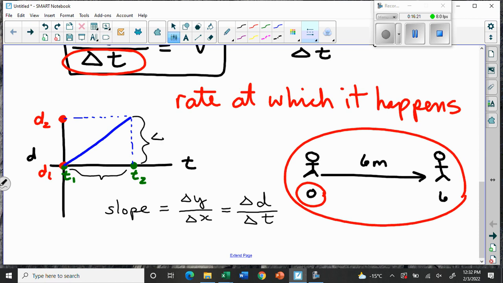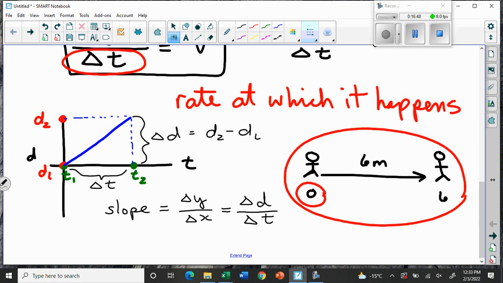The way you get that is by figuring out how long the line is, by describing it like this. Delta D would be the second D take away the first D, D2 minus D1.